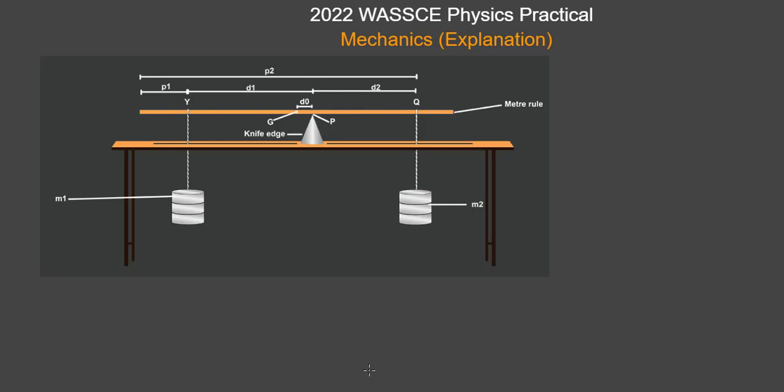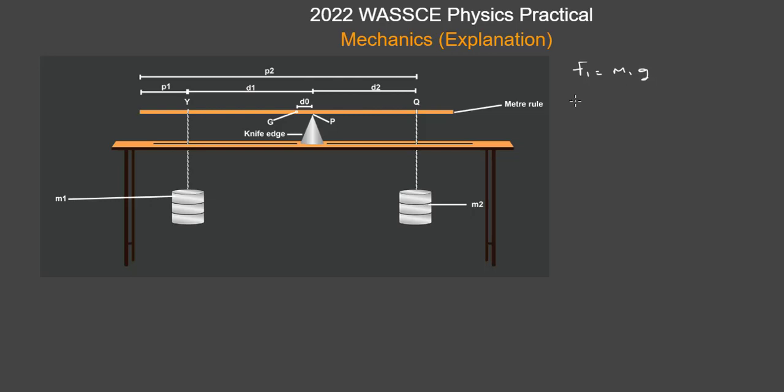Okay, since we now know the meaning of the P1, D1, D2 and P2, let's connect everything together. So let's talk about the anticlockwise moment, the moment that tends to move this meter rule in an anticlockwise direction. So we have F1, which is m1 times g.